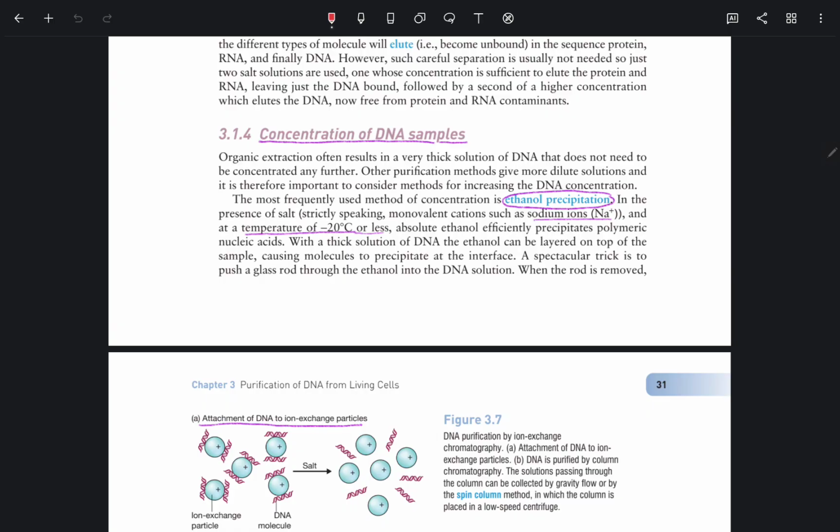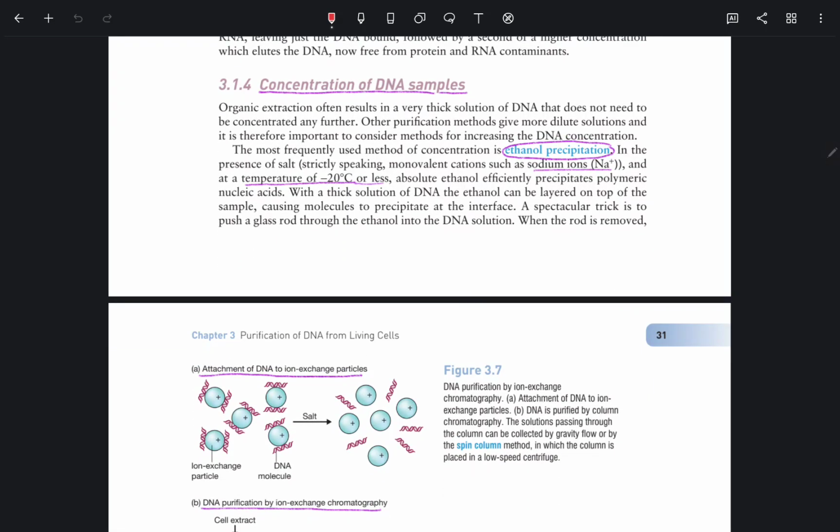Absolute ethanol efficiently precipitates polymeric nucleic acid from a thick solution of DNA. The ethanol can be layered on top of the sample, causing molecules to precipitate at the interface.